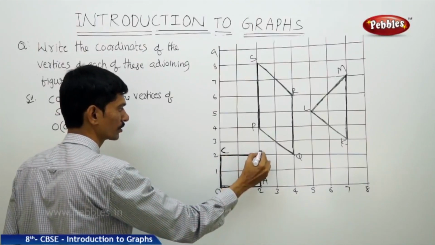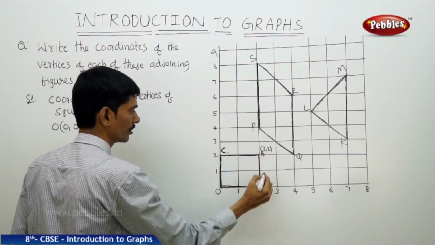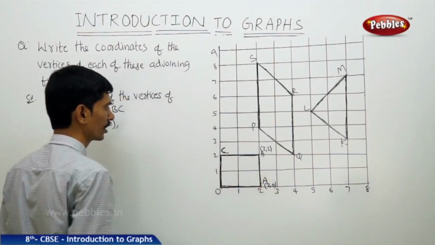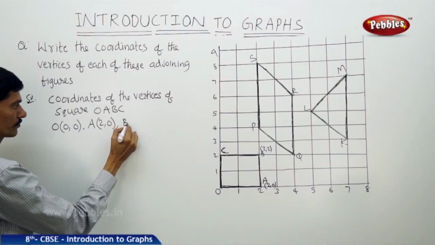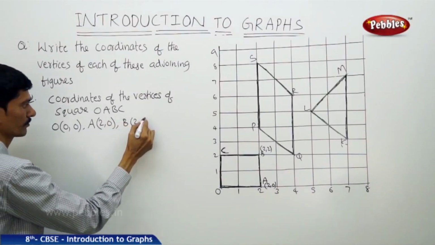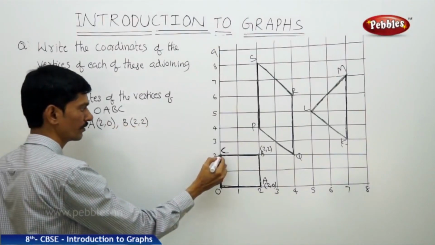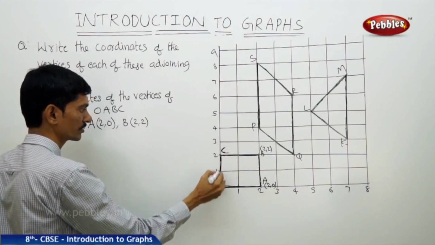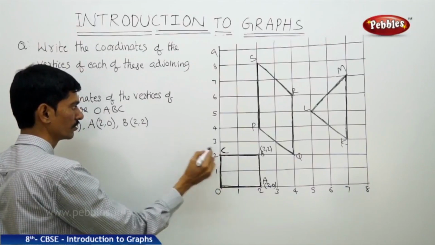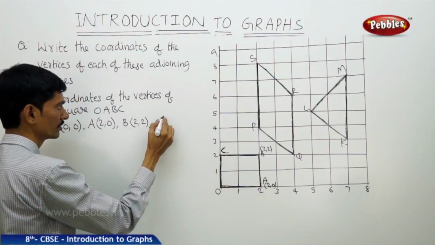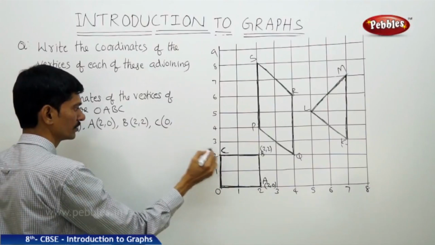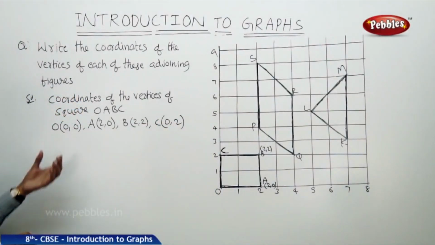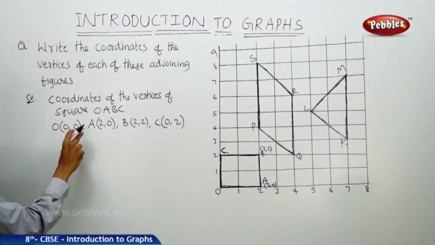So its coordinates are (2, 2). Next, coordinates of C. As the point C lies on the y-axis, its x coordinate is 0. So C coordinates are (0, 2). So these are the four vertices of the square.